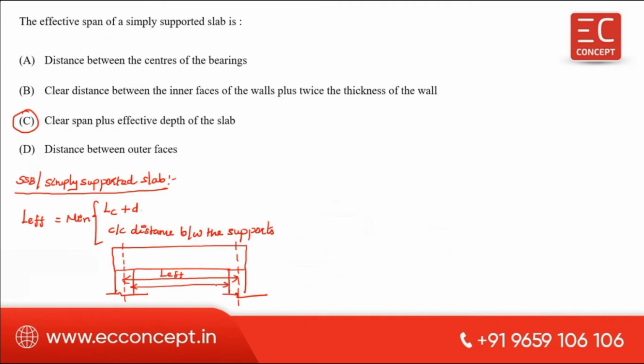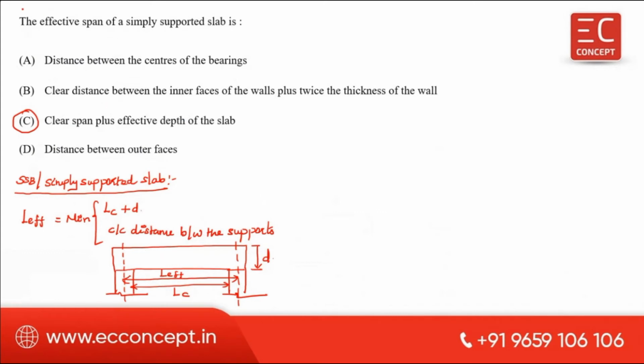Okay, distance between inner support, that is LC, that is a clear span plus effective depth D, whichever is minimum, is the L effective of a simply supported beam or slab. Okay, so for a simply supported beam or simply supported slab, the L effective is calculated as the minimum of clear span plus effective depth or center to center distance between the support.